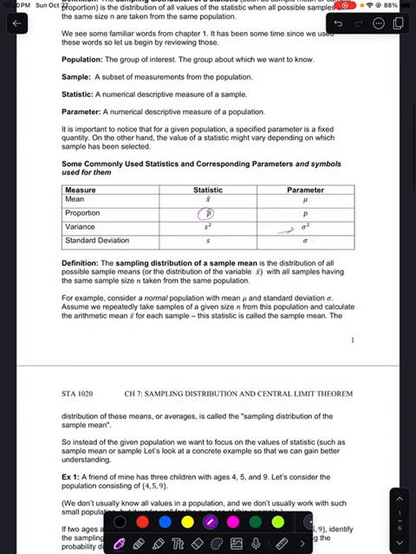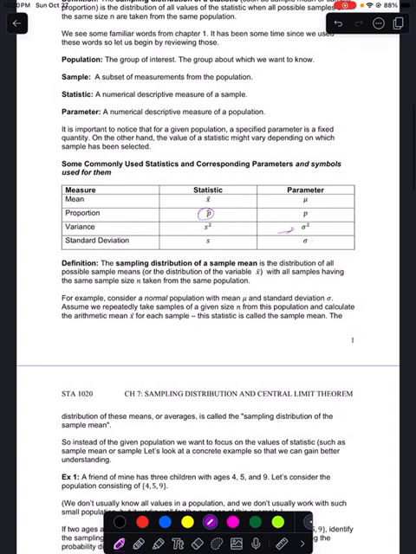The distribution of these means or averages is called the sampling distribution of the sample mean. So instead of the given population, we want to focus on the values of statistics such as the sample mean or sample proportion.